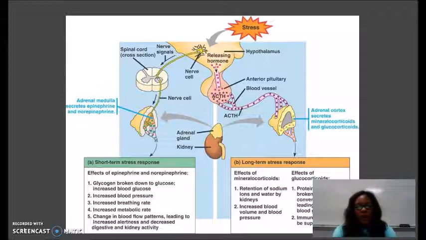This shows what happens when the human body reacts to stress. It releases hormones, which is ACTH, which is triggered off in the nerve cell, which goes down to the adrenal gland in the kidney.